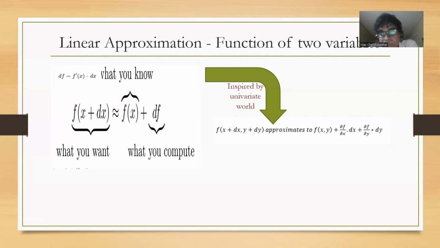So question, this is like a checkpoint for us. Can dx be a huge number? Anyone? No, it shouldn't be very big. Correct. That's right. dx can't be a huge number. So this approximation is applicable or reasonable only when dx is small.